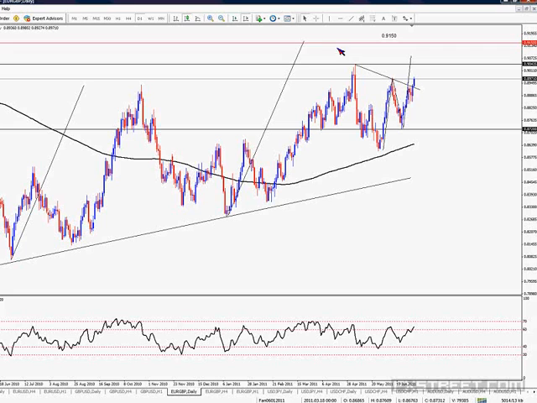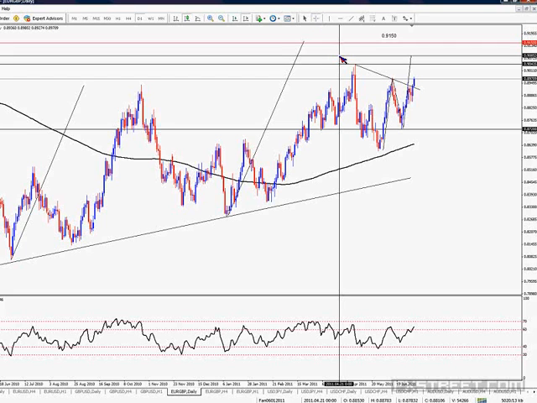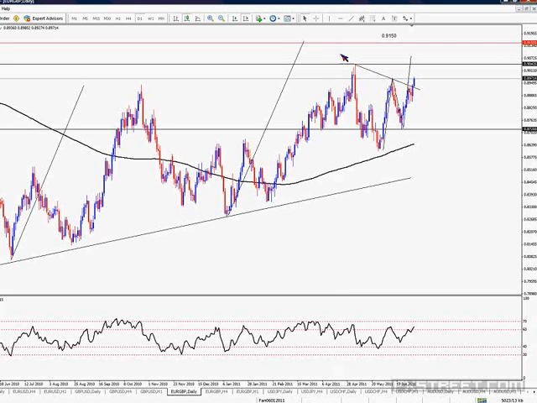Okay. We have also this more conservative swing projection that would break above 0.9040 and go towards the 0.9080 area. Okay. So euro pound looks a little bullish right now.